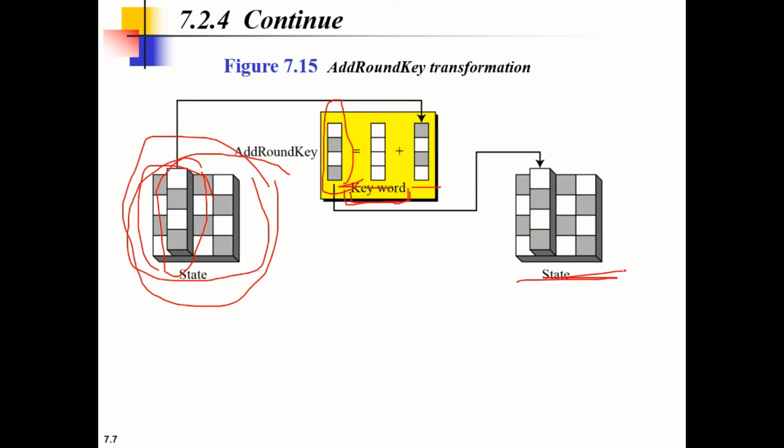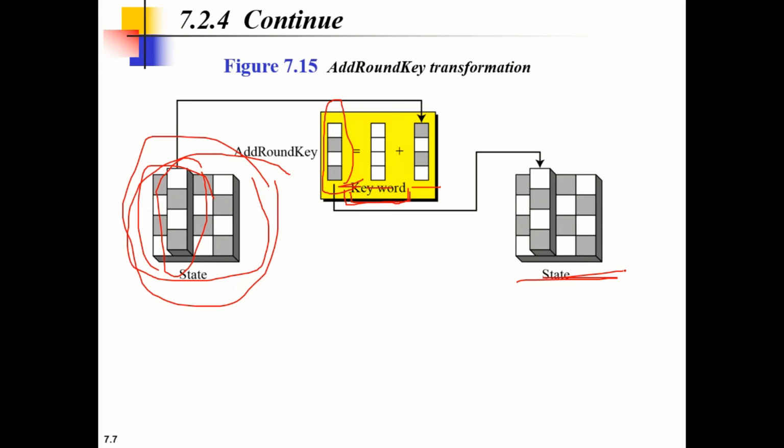In this operation, if you remember, I told you that the number of keys we use in AES is one more than the number of rounds, right? So we need to generate one more key than the number of rounds we have.